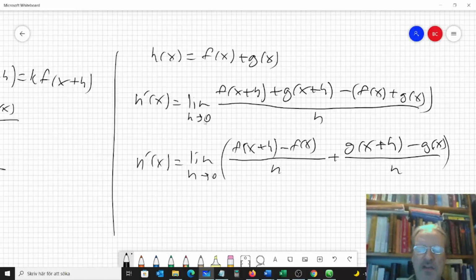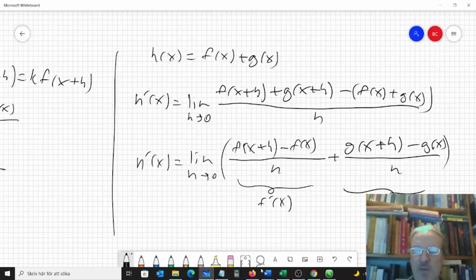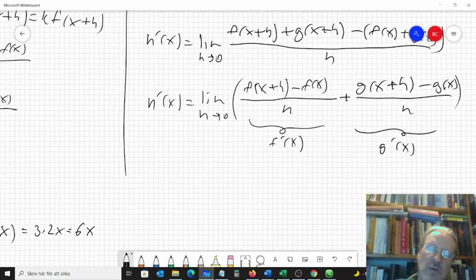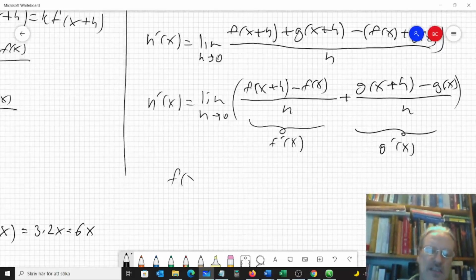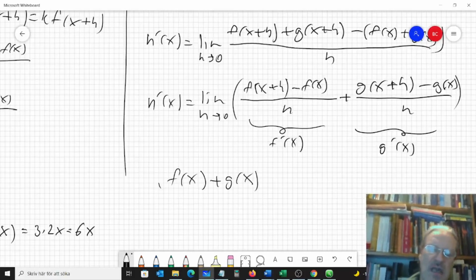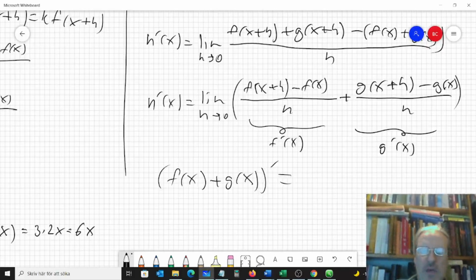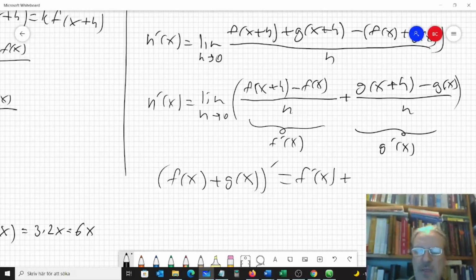But we can see that this one, when we take the limit of that, will be f prime of x, and this one here will just be g prime of x. In other words, we have yet another rule that if we have f of x plus g of x and we take the derivative of that, we can take the derivative of the two functions separately.